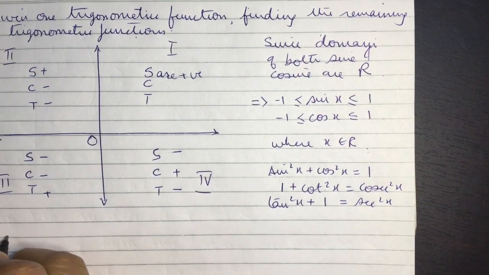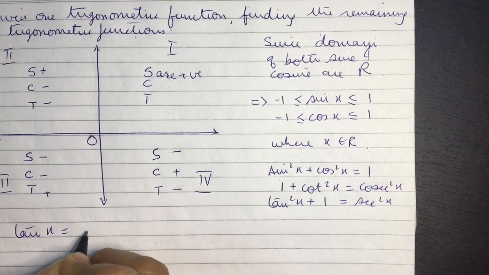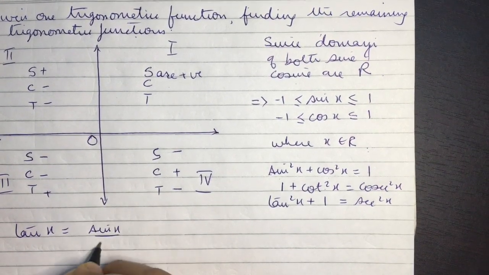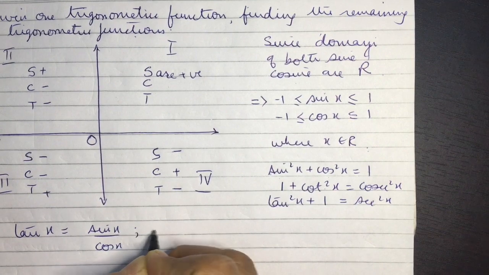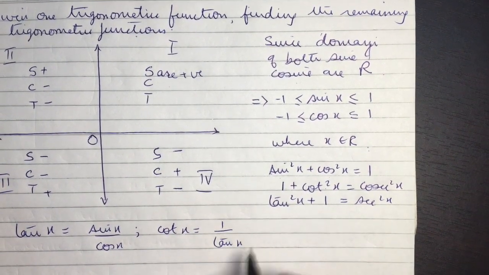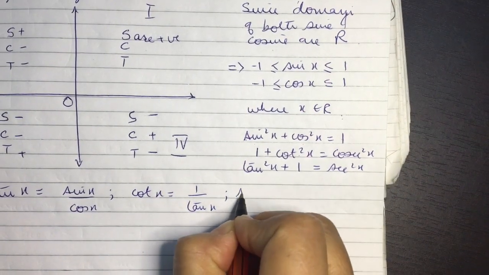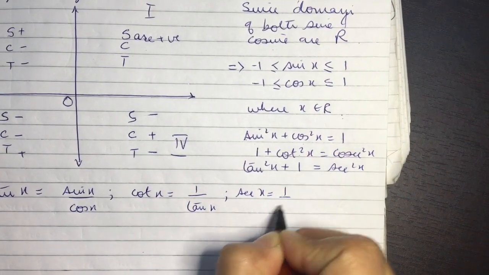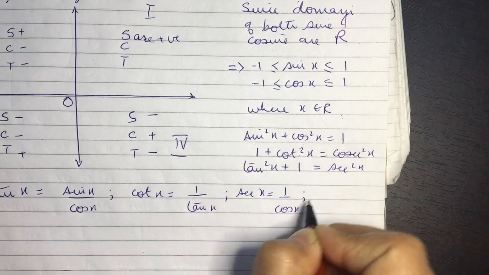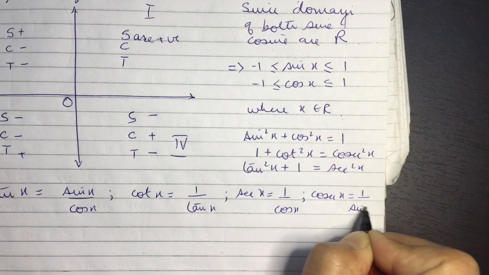Also, we know that tan x is equal to sin x over cos x, cot x is 1 over tan x, sec x is 1 over cos x, and cosec x is 1 over sin x.